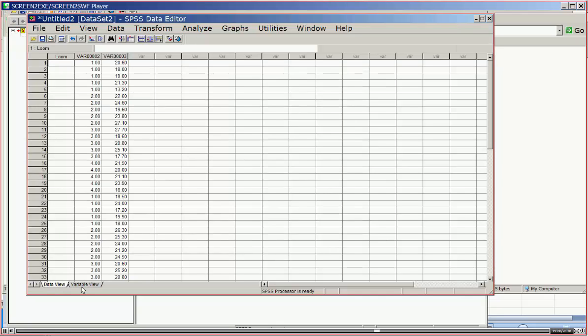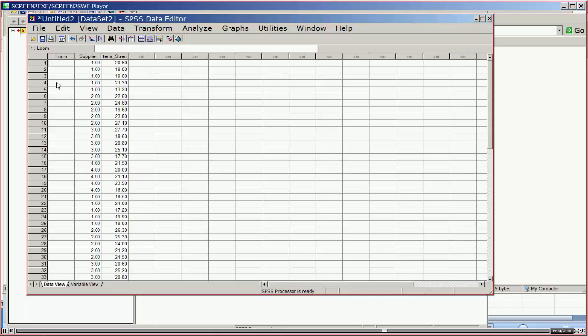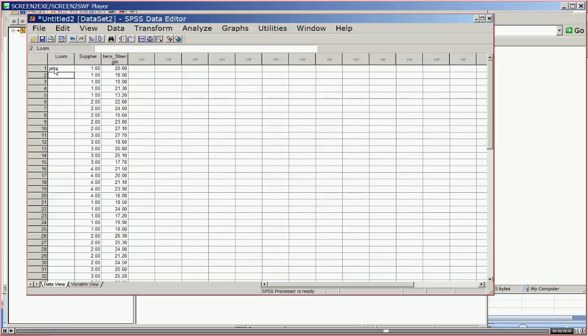Second one is the supplier. And this is strength. Tensile strength. Okay, it's refusing to accept. No, it's not.